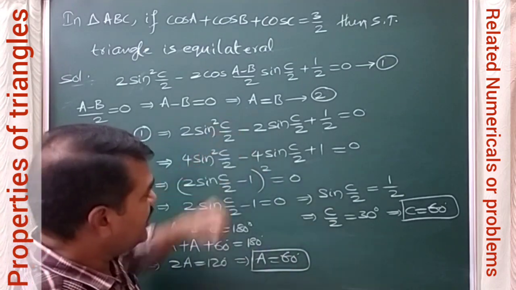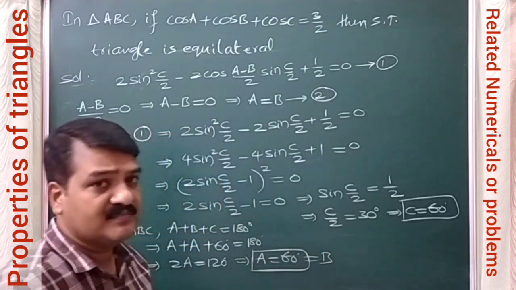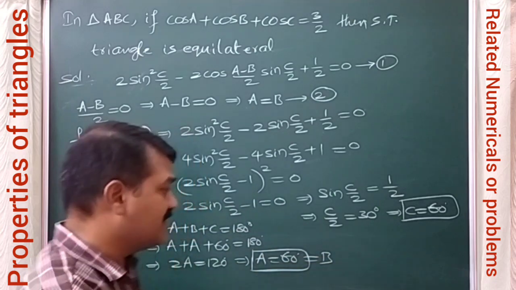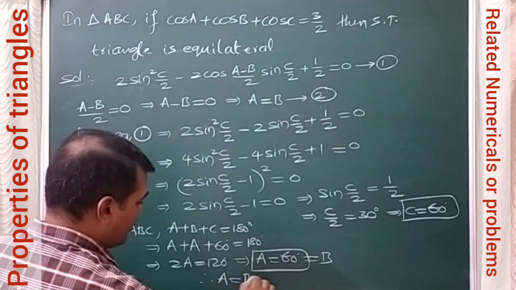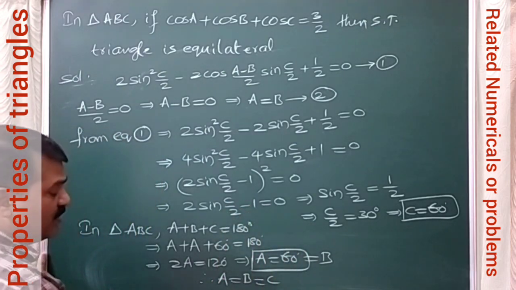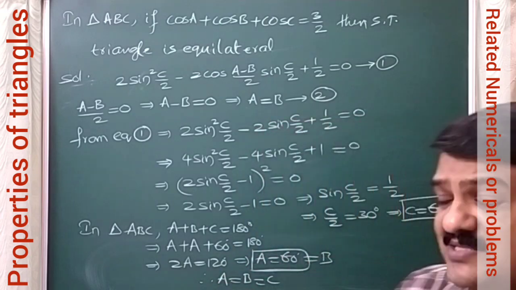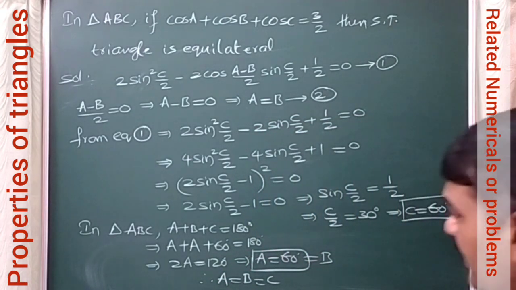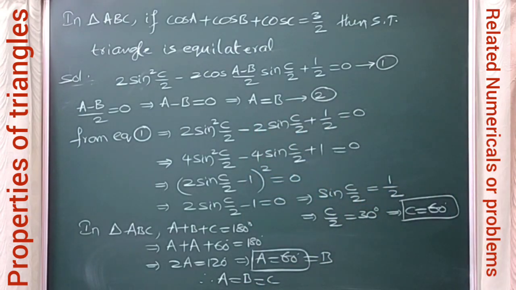Now A is equal to B, that means even B is 60. So C is 60 degrees, A is 60 degrees, B is 60 degrees. Therefore, all the angles are equal, which implies triangle ABC is equilateral. That is what we have to show.